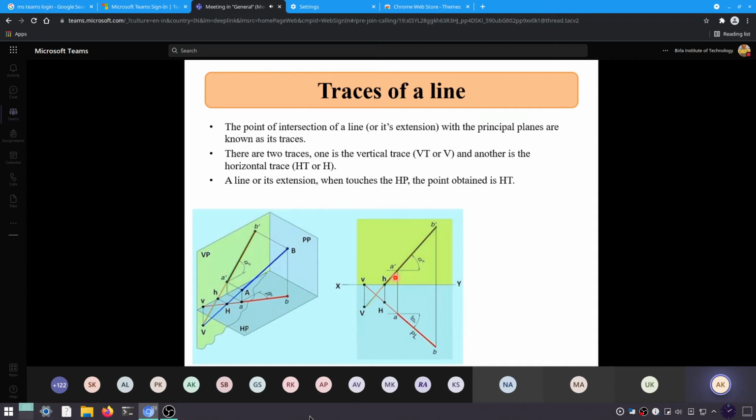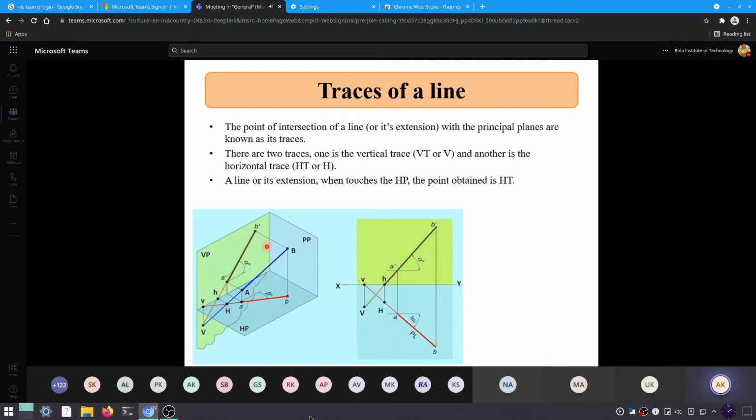Yes sir. So what knowledge we have gained till now is that capital V and small v lie in the same line perpendicular to XY, and capital H and small h will lie in the same line perpendicular to XY, right?